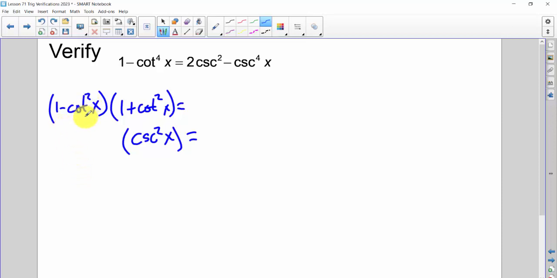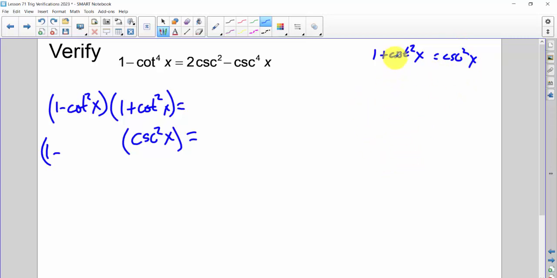Now this I've got a little bit of problem with. 1 minus cotangent squared isn't anything, but I do know that 1 plus cotangent squared is cosecant squared. Let's just put it over here so you can see. So there's your Pythagorean identity.